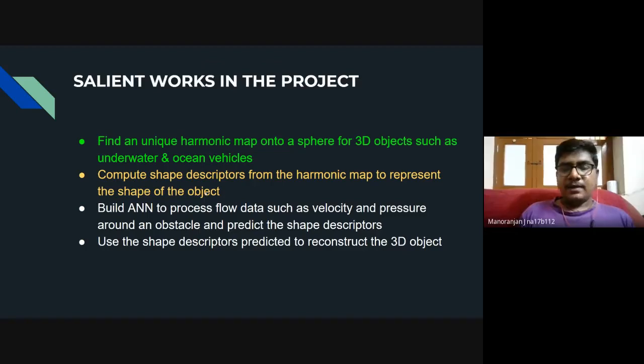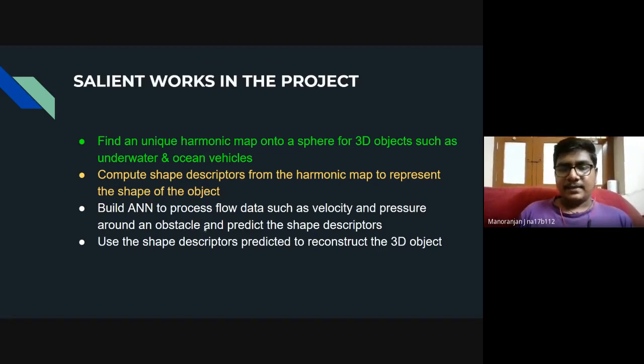So after computing the shape descriptors, consider it as a case of image classification. We'll have different feature vectors for different types of images, right? Similarly, we'll have different shape descriptors for different objects.